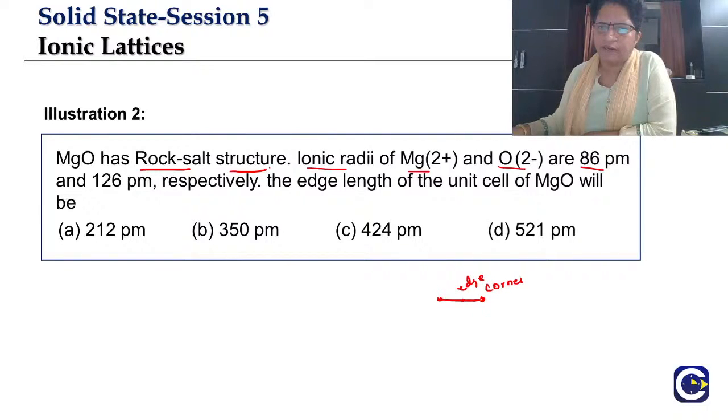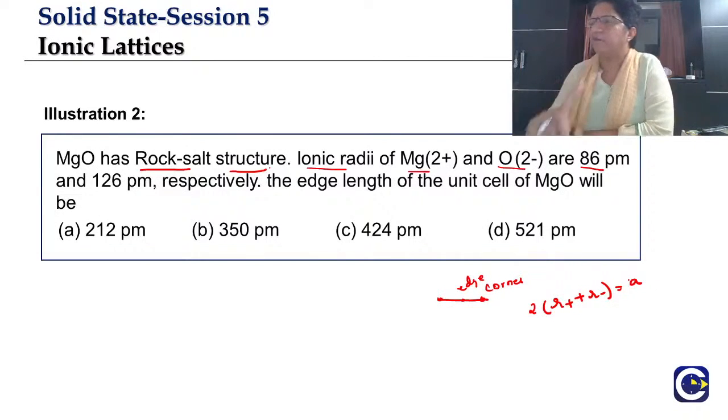So we can directly get the edge length a. 2 times the radius of the cation plus the radius of the anion is equal to the edge length whenever we have a rock salt type structure. We don't need to take a face diagonal. We can directly take that the edge length is made up of 2 radii of cations and 2 radii of anions.